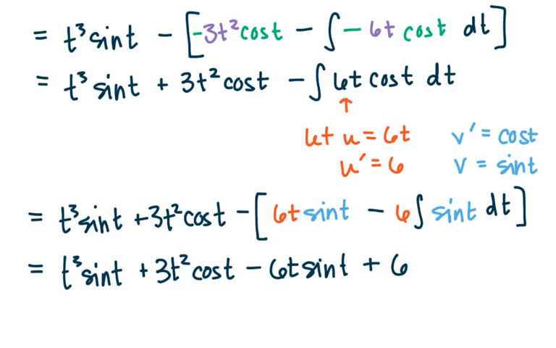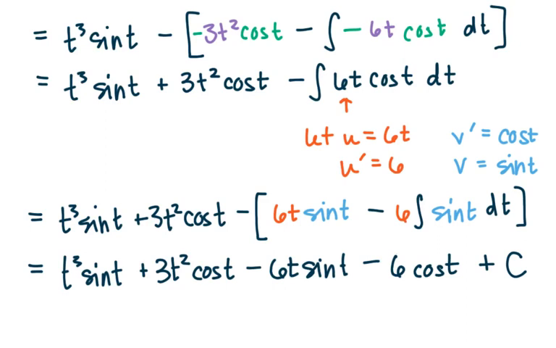So this last piece here, we've got negative cosine t, and I'll just rewrite that as negative 6 cosine t. And of course, because we are done, we write our arbitrary constant plus c at the end.